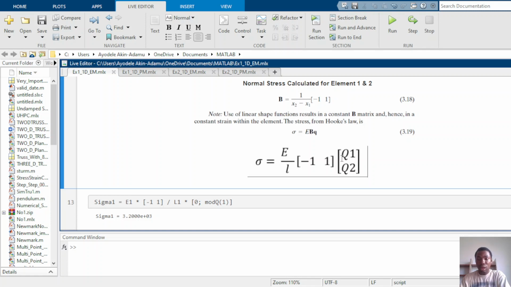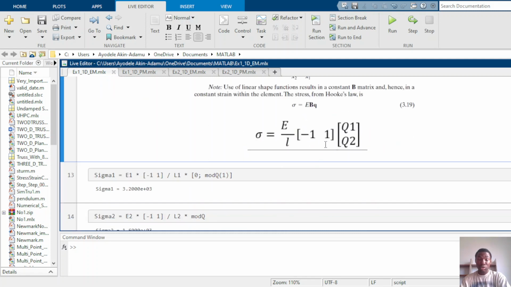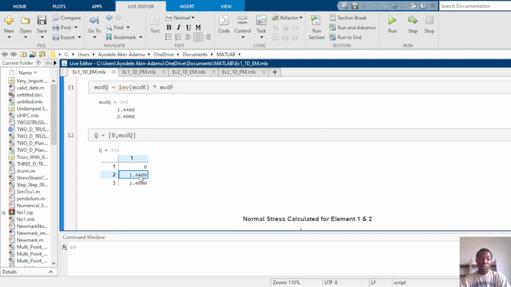Q1, Q2 is our displacement vector, a 2x1 displacement vector. For an element, Q1 is the displacement at the initial node, while Q2 is the displacement at the final node. So for element 1 in our problem, Q1 is 0, Q2 is 1.44.